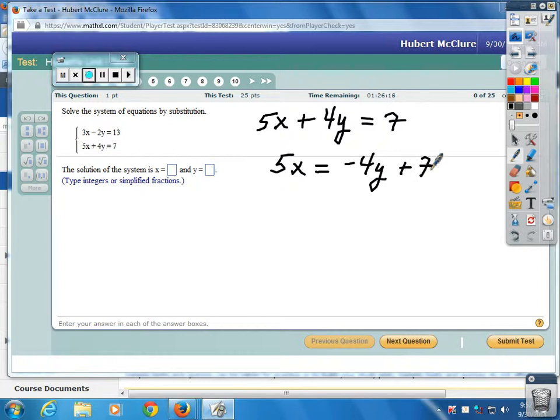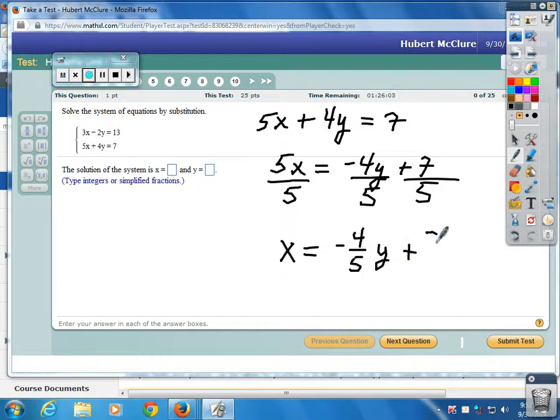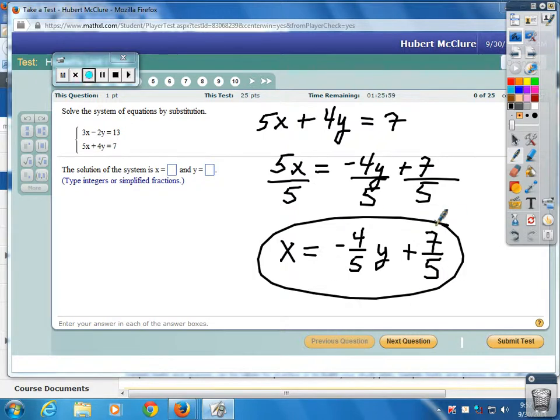Divide by 5. Divide by 5. Divide by 5. And x is equal to negative 4/5 y plus 7/5. Is that what you got?